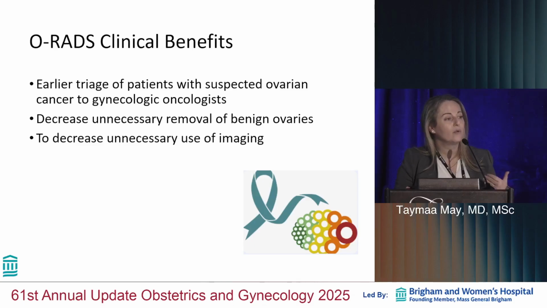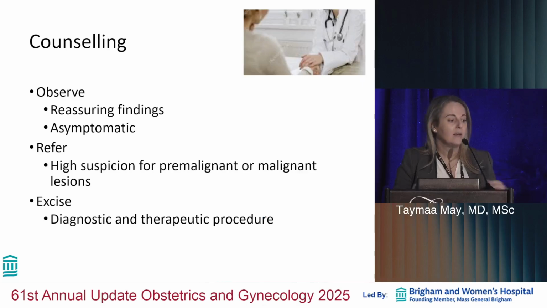With an O-RADS score, we're not repeating ultrasounds as often for concerning lesions. It decreases unnecessary removal of benign ovaries. So if it's an O-RADS 2 or 3, you can counsel the patients that this can be followed conservatively. And it decreases unnecessary use of imaging, so less need for repeat images for benign conditions.